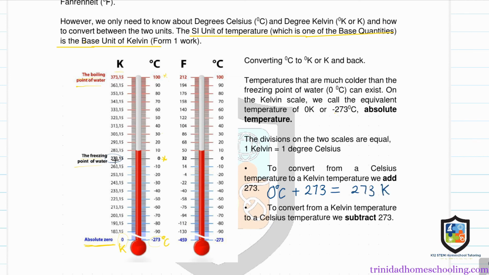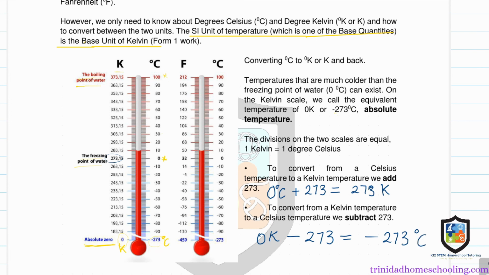Now we are seeing 273.15 here, but throughout the syllabus, we are to use just 273. To convert from a Kelvin temperature to a Celsius temperature, we subtract 273 degrees. So let's look here. Let's take absolute 0 kelvins. To turn this into degrees Celsius, we are to subtract 273 and we will get minus 273 degrees Celsius.